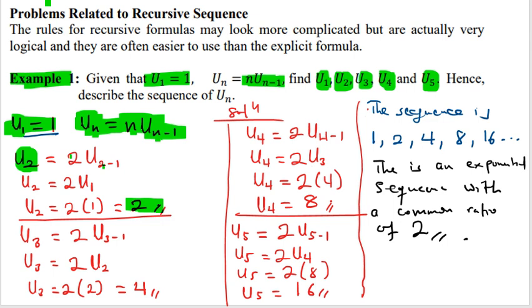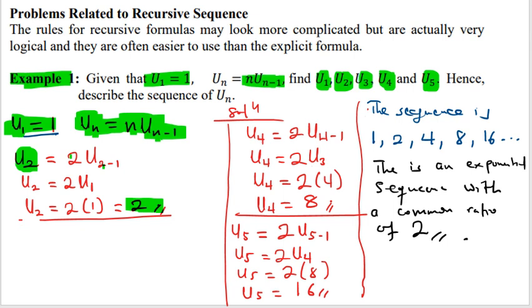Now we know u2 to be 2, so we can also find u3 by still substituting it inside this formula. There is a slight mistake here. Let us correct it. To find u3, we are going to substitute n for 3.